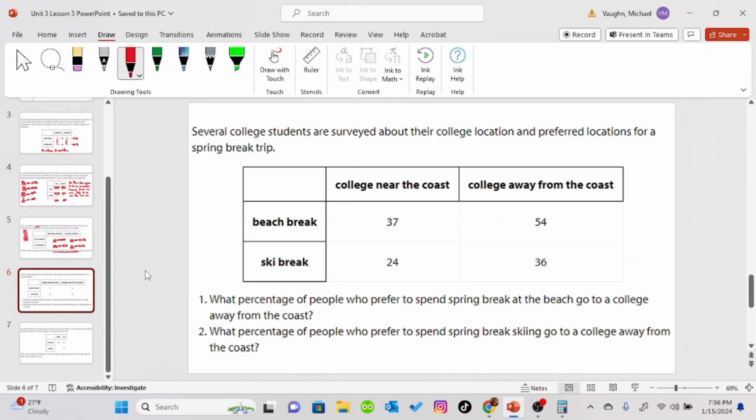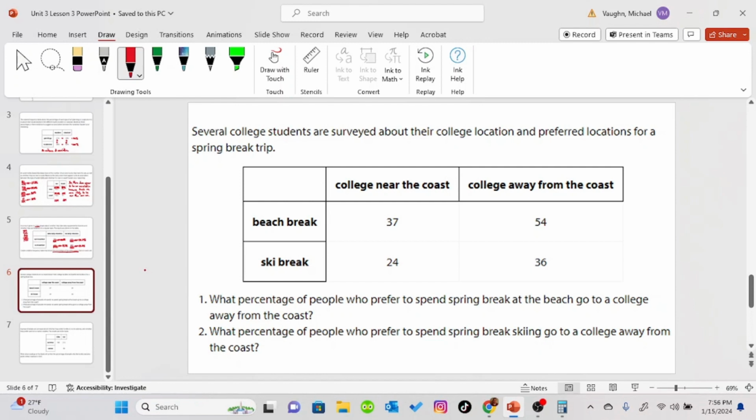Several college students are surveyed about their college location and preferred locations for a spring break trip. What percentage of people who prefer to spend spring break at the beach go to a college away from the coast?